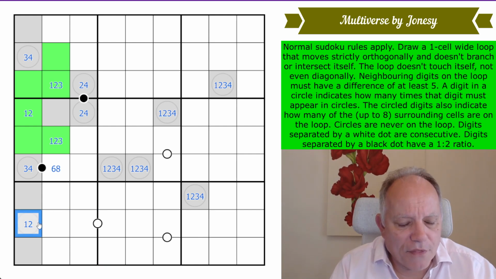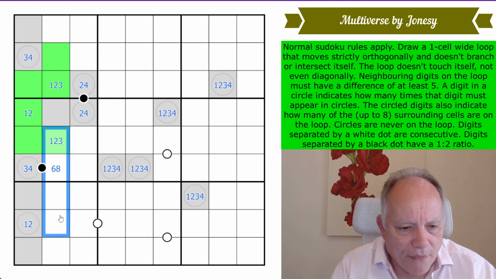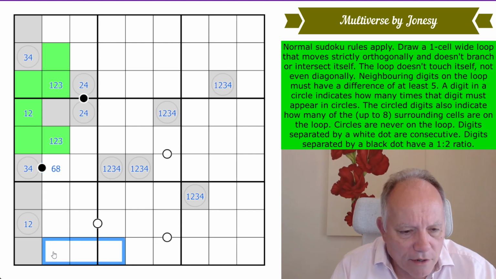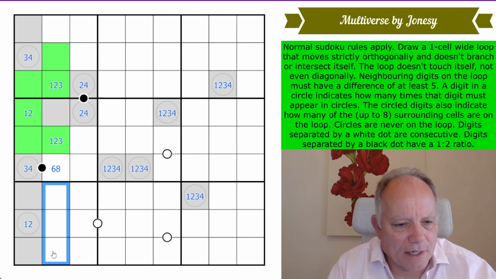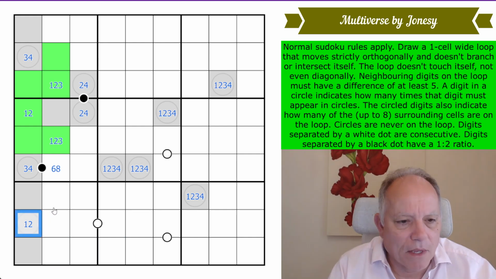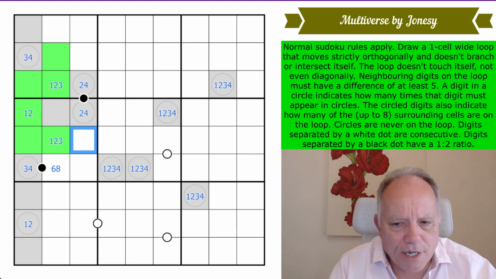The only way for this, which we now know is not a 3, to be 1 or 2, is if the loop comes somewhere down this column and then turns away, either there or there. It can't come from here, because to avoid touching itself, it's going to create a 3 in that cell. So I think we now know the loop doesn't go to this cell. I'm pretty sure we know that.